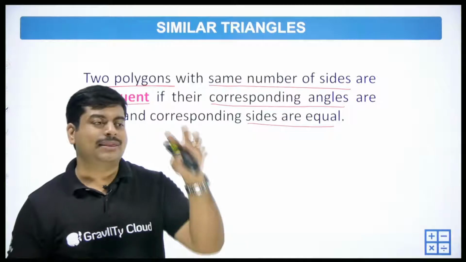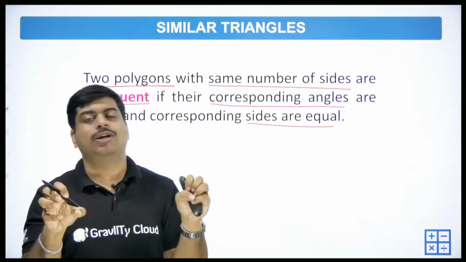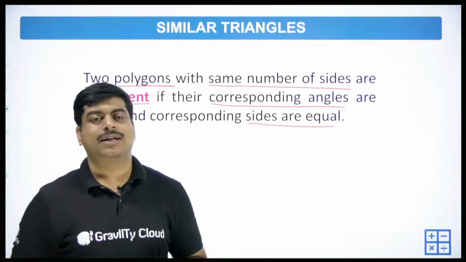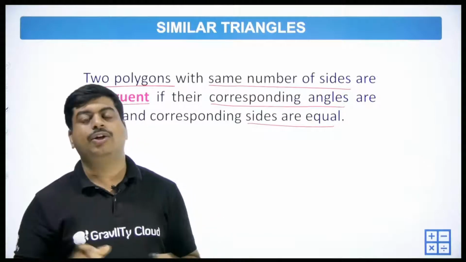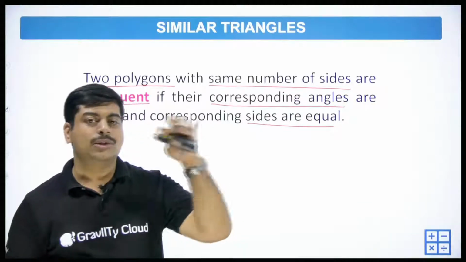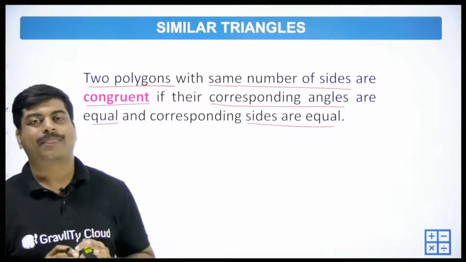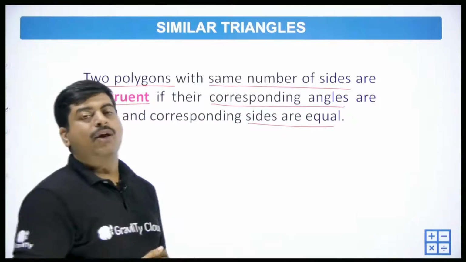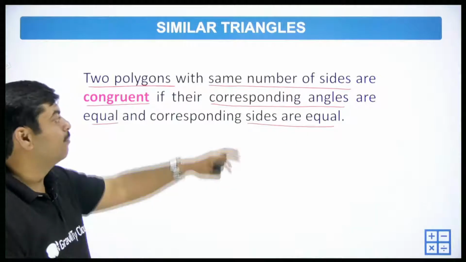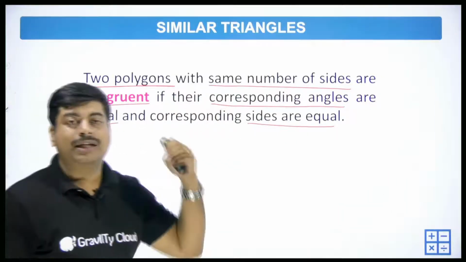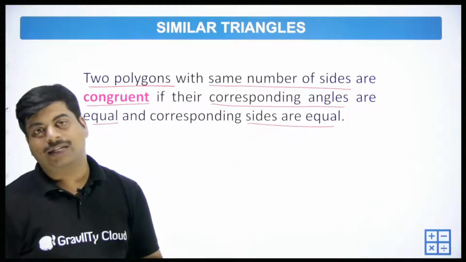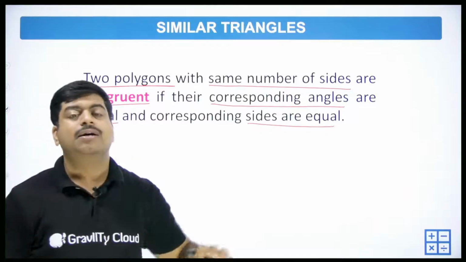You can compare a 3-sided polygon with a 3-sided polygon only, a triangle with a triangle only, a quadrilateral with a quadrilateral. You cannot compare congruency of a triangle and a quadrilateral. That's entirely wrong. So when the number of sides are the same, and the corresponding angles and corresponding sides are equal, we can say that these two figures are congruent.